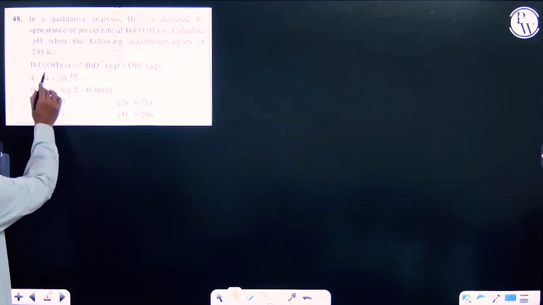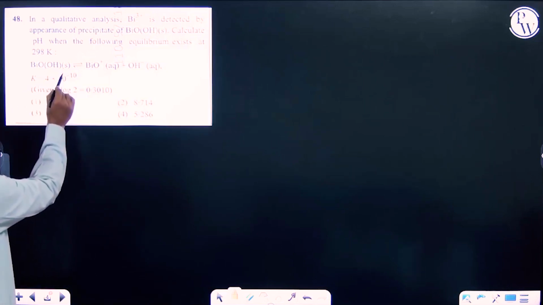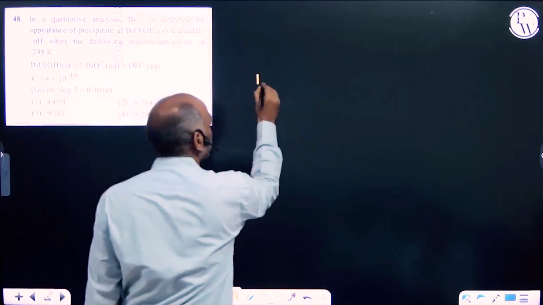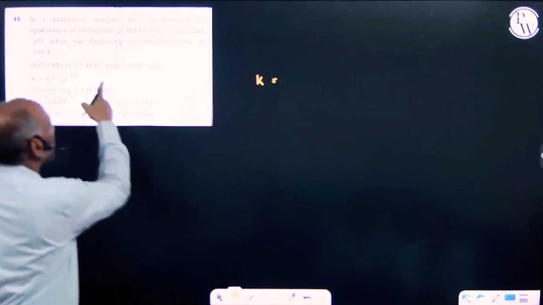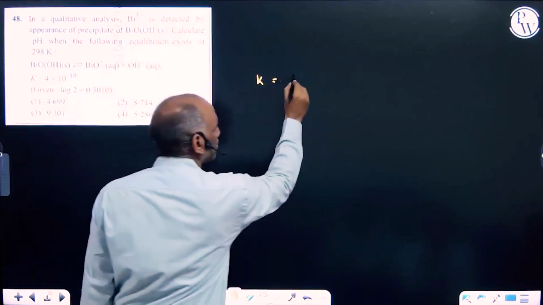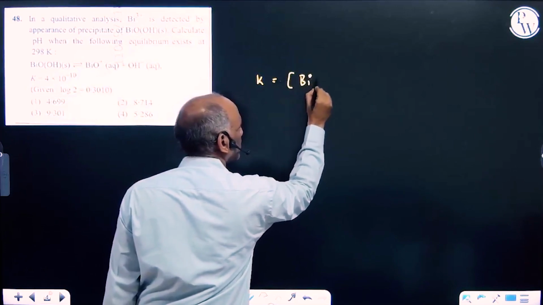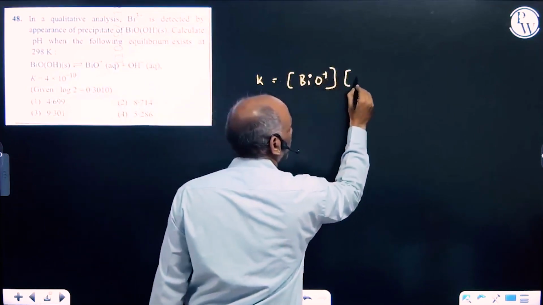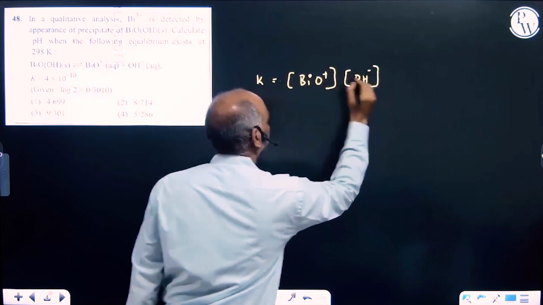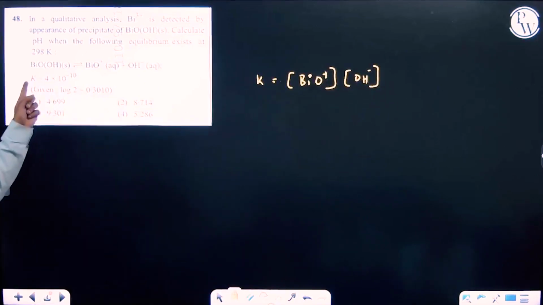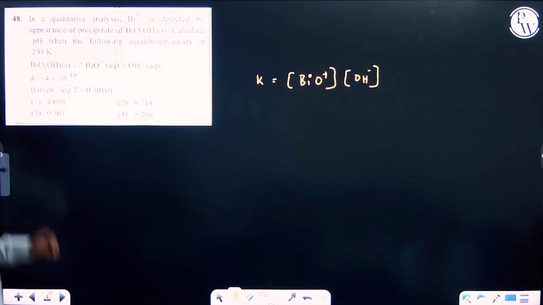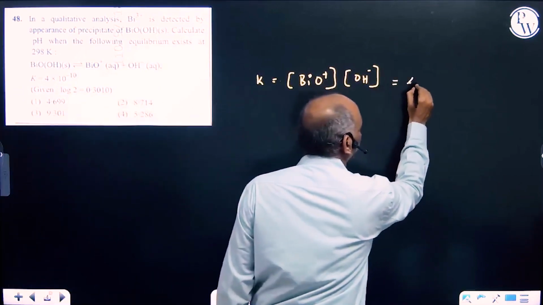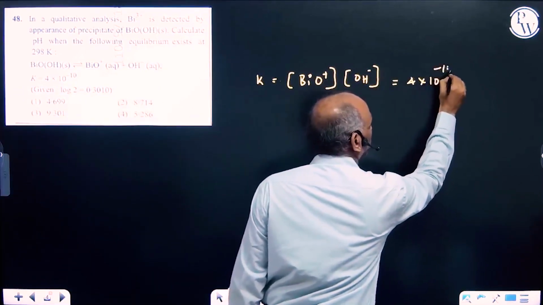Here in this equilibrium, this is a solid component and the K value is given. So when the K value is given, you need to write K is equal to the active mass of products raised to their stoichiometric coefficients, BiO plus power 1 and OH minus power 1. Since it is a solid, its active mass is equal to 1, and K is given as 4 into 10 power minus 10.